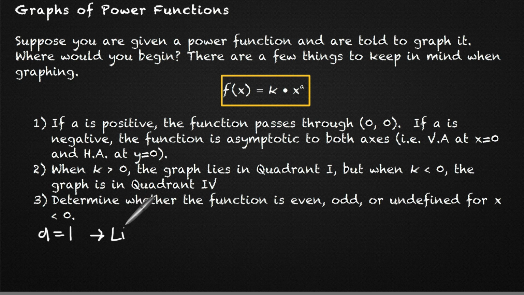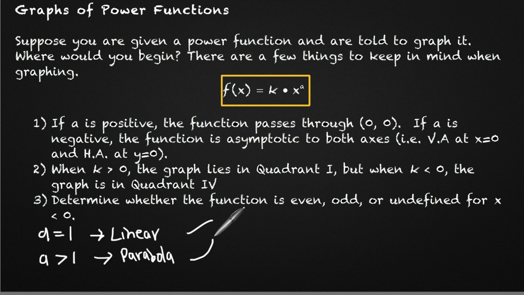It's going to be linear. If a is greater than 1, like x squared, x cubed, x to the fourth, x to the fifth, those are all going to resemble a parabola. They all have the parabola shape. So the linear will be like that, the parabola will be like that.